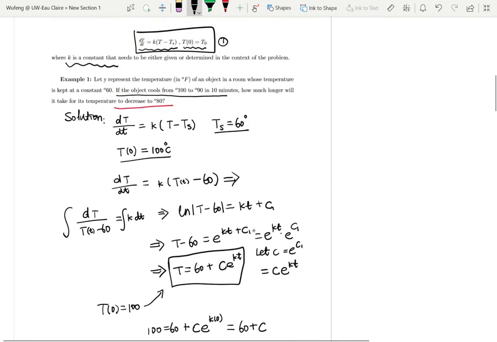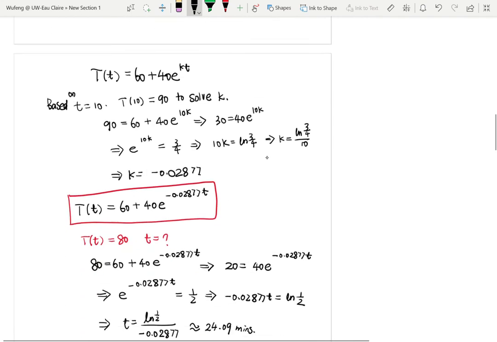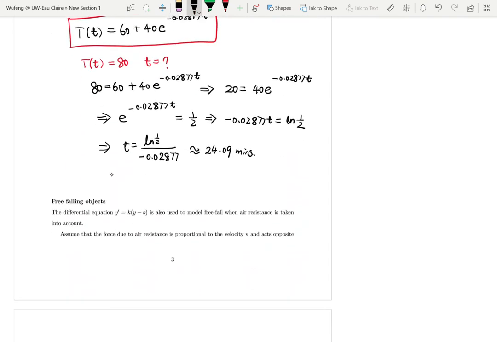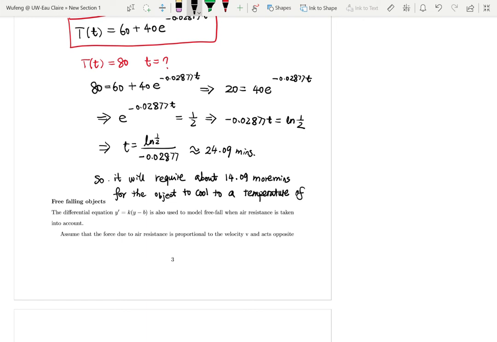And the question asks how much longer. It has already been 10 minutes, so it will require about 14.09 more minutes for the object to cool to a temperature of 80 degrees Fahrenheit.